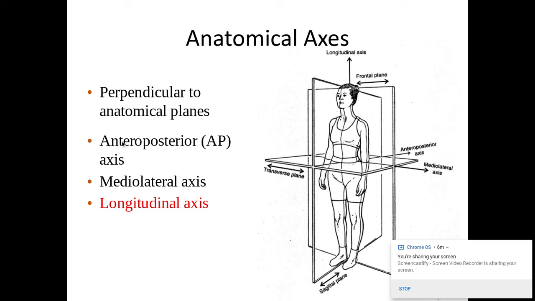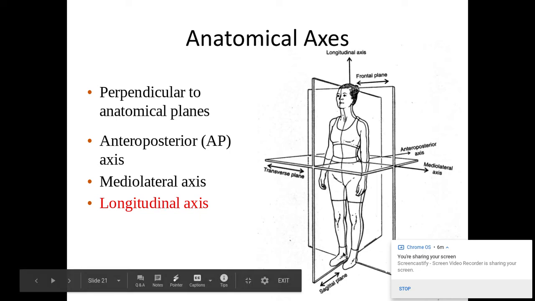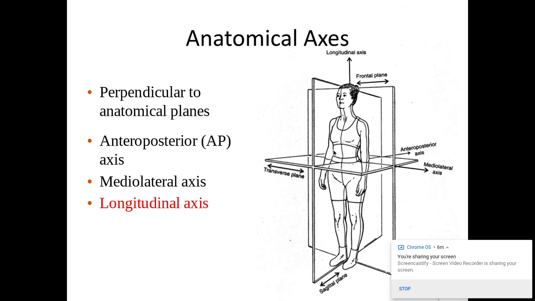So anterior is anything on the front side, posterior is anything on the back side. And then you have your mediolateral. That's where those terms that I talked to you about with the elbow come in, which is basically from inside to outside. And then the longitudinal one is coming straight up the body.